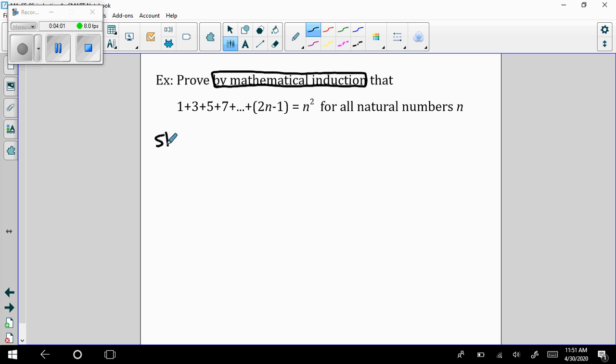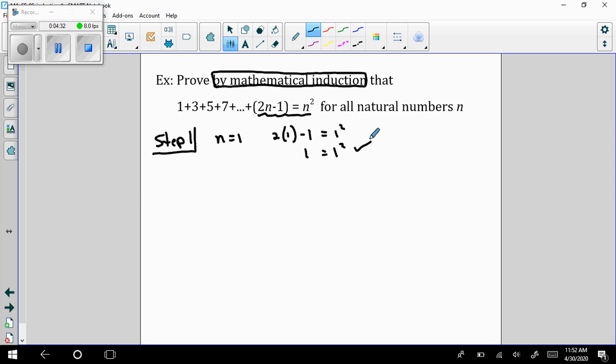All right, so step 1 is the first thing you have to do: plug in n equals 1. So if I use this piece of the puzzle right here, I have 2 times 1 minus 1 is equal to 1 squared. And that is a true statement.